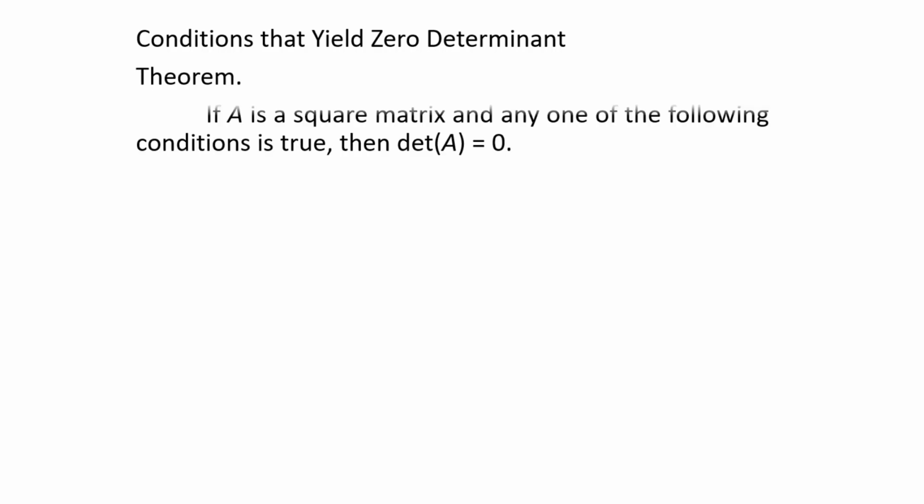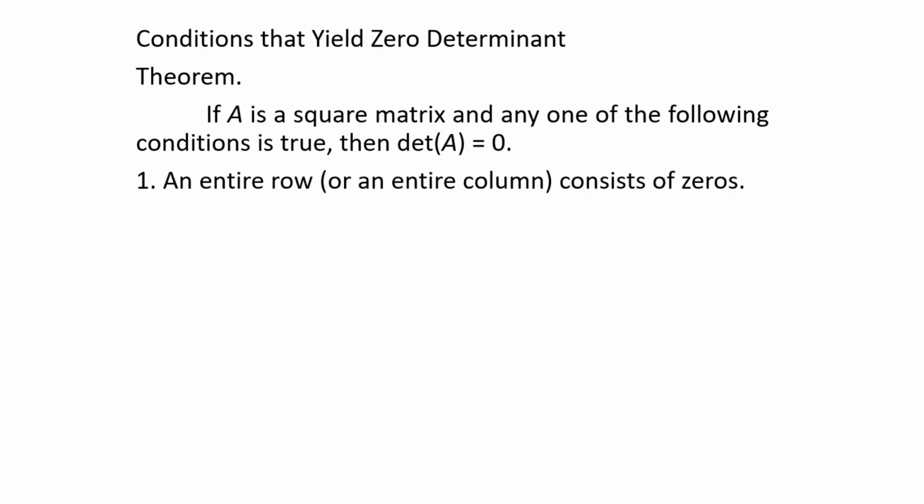Next, we have here the conditions that yield zero determinant. If A is a square matrix and any one of the following conditions is true, then the determinant of A is equal to 0. So for the first condition, an entire row or an entire column consists of zeros. So this condition will yield a determinant 0.